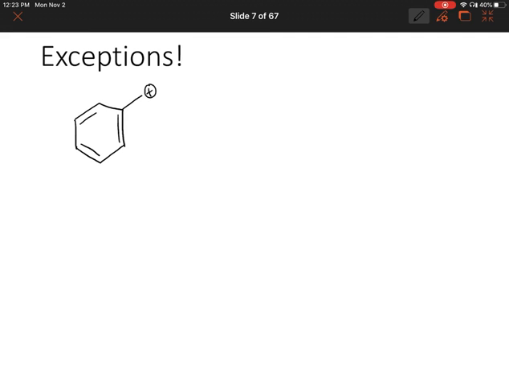All right, so at first glance, this molecule, or this ion, looks like a primary carbocation, right? However, it's attached to a benzene ring. So this benzylic cation is resonance stabilized.